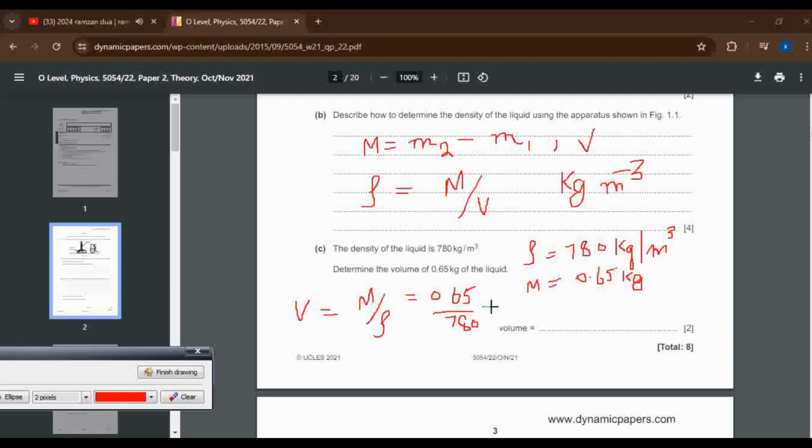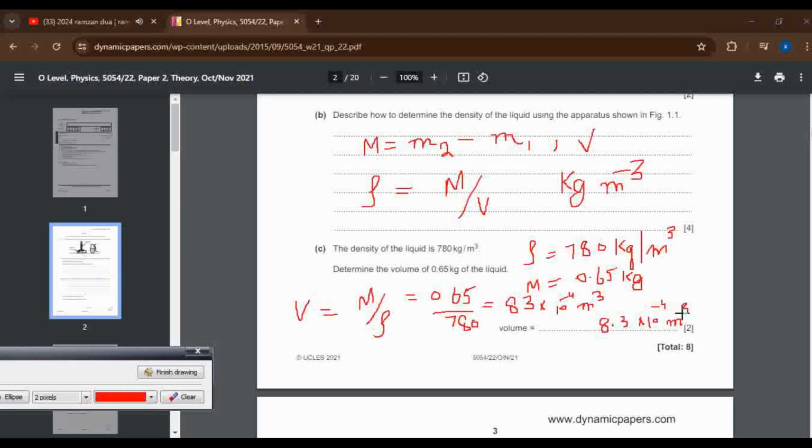When you divide it with the help of a calculator, the answer comes out to be 8.3 times 10 raised to the power minus 4 in scientific notation, and the unit will be meter cube. This will be the volume of the liquid.